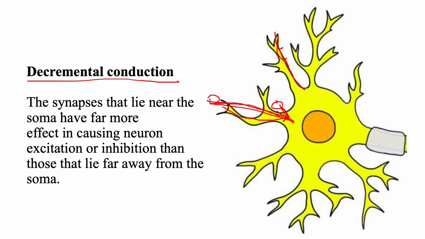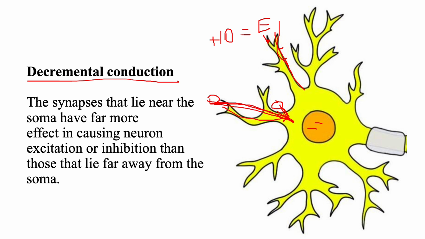So if there is, for example, an excitatory signal here, let's say this is E1, about 10 millivolts. Excitatory will have a positive sign because it's toward the positive direction, a depolarizing kind of thing.